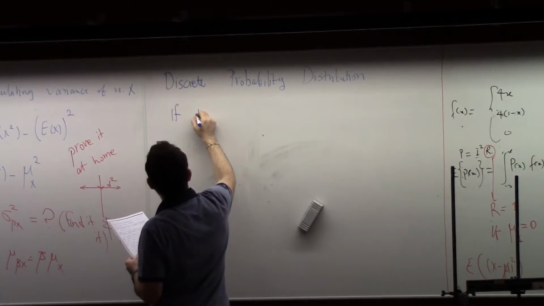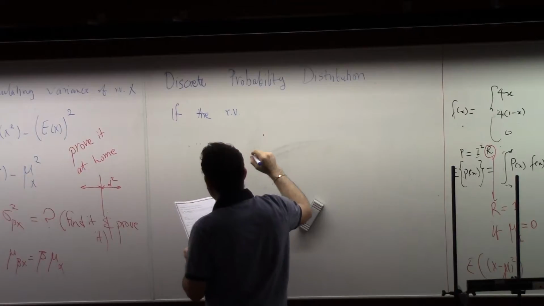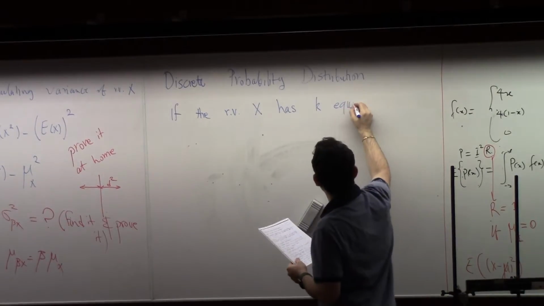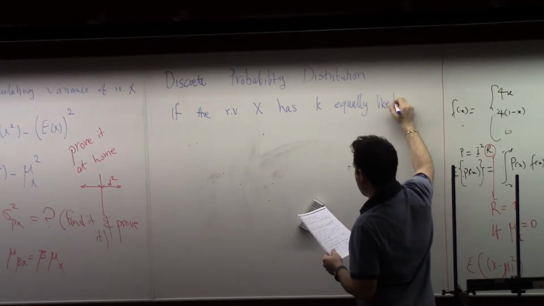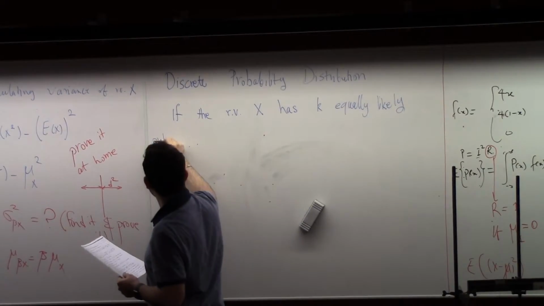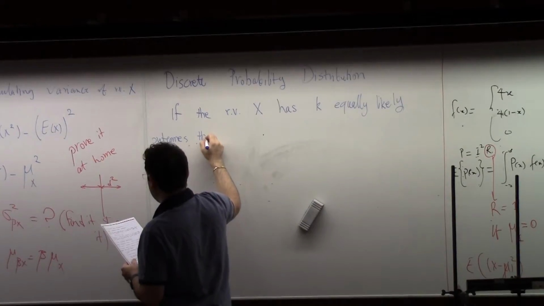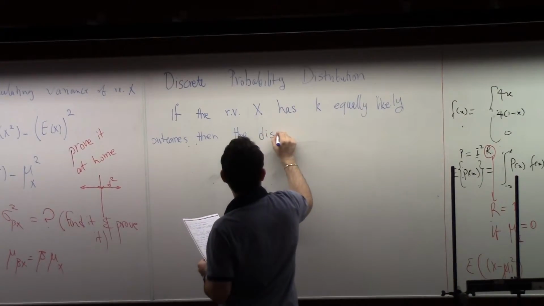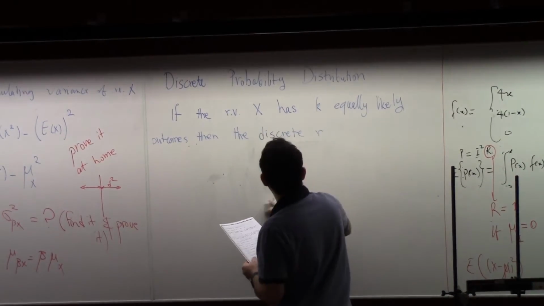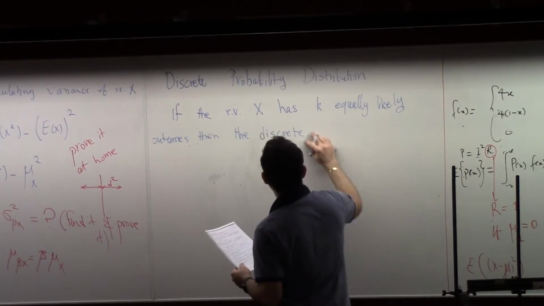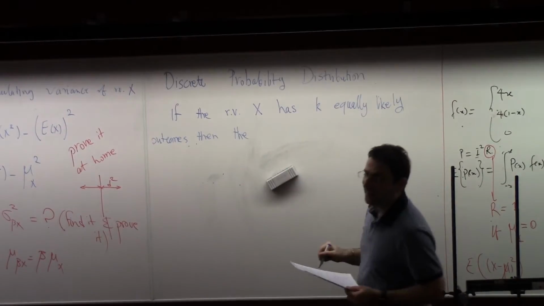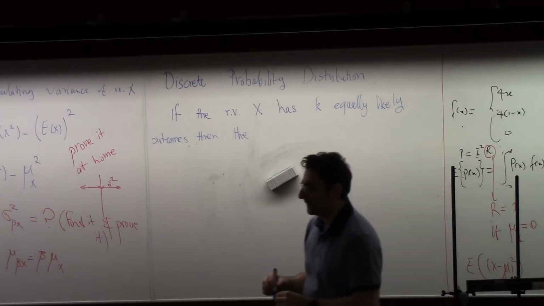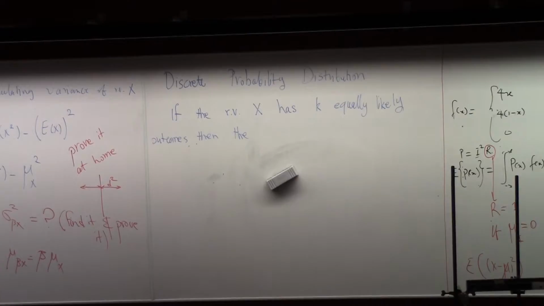If the random variable x has k equally likely outcomes, then the discrete... before I fill it, I have k equally likely outcomes. What type of distribution do I have?